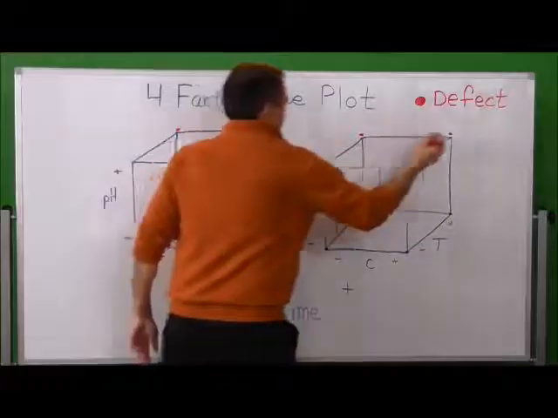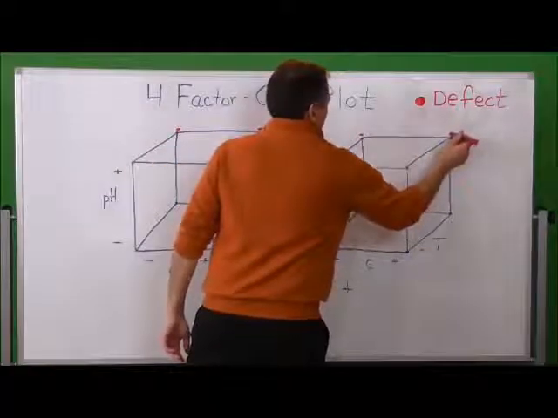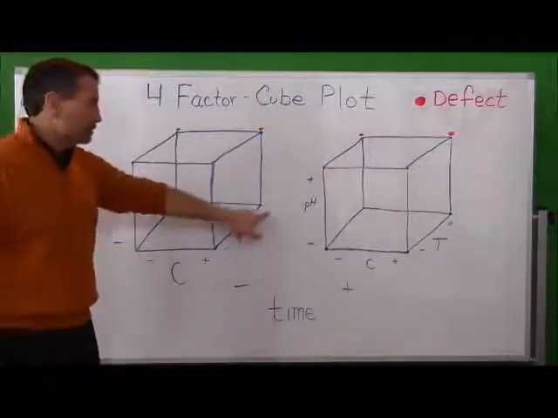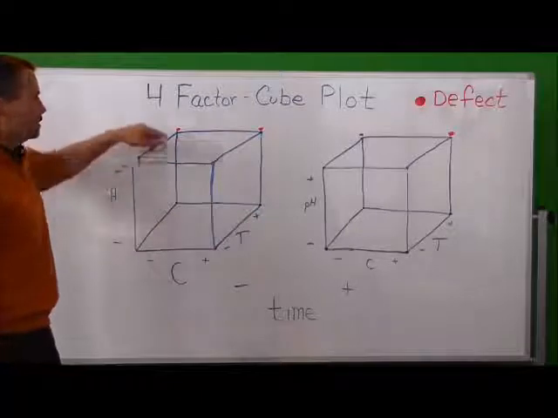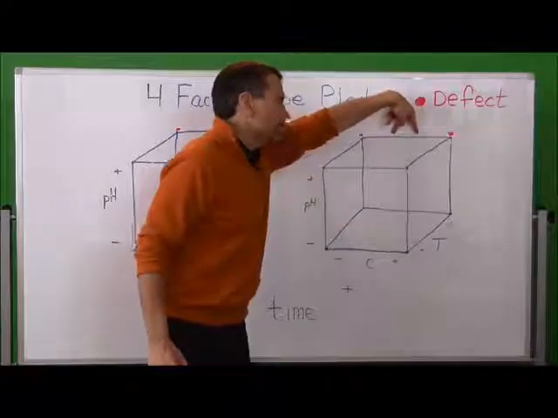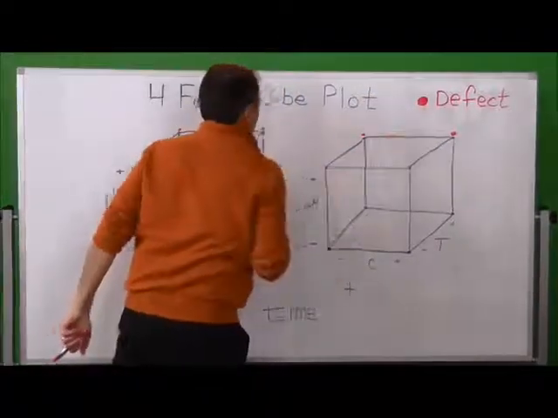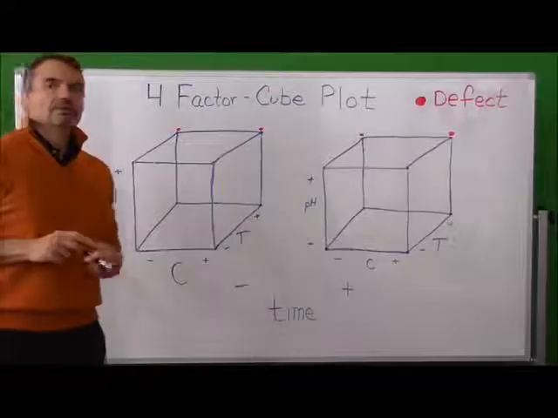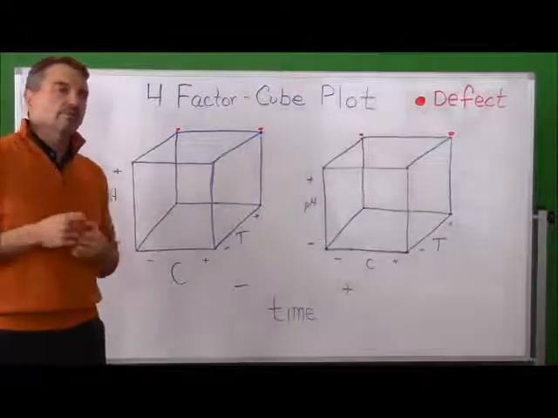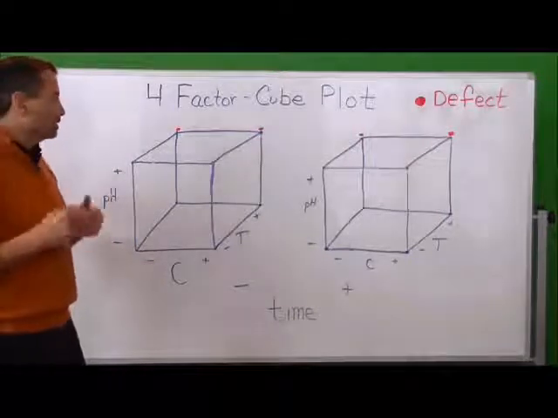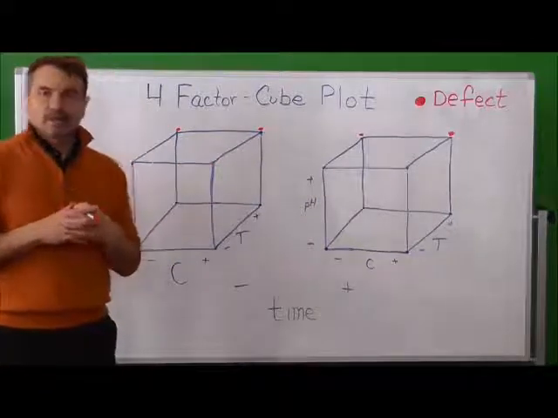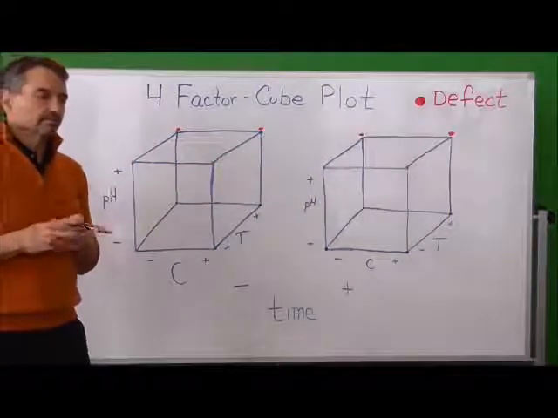Well, what is common if we had the defects at those particular points? What is common between those is that the temperature was at the high level and the pH was at the high level, on those two and on those two. Again, classic two-way interaction. For whatever reason, when you put the pH together in connection with the high temperature, that gave the defect.